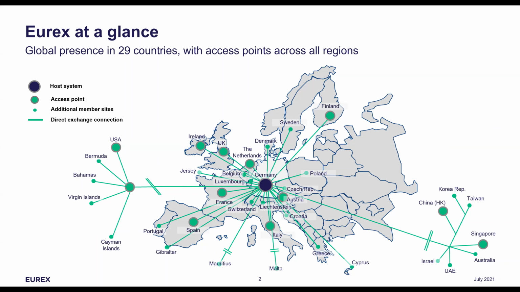Eurex itself, as said, we're from Europe, but we are connected to the whole world. The major part of the business is still coming from Europe. Germany, of course, but also the UK is a big partner, France, Italy, Spain, and so on. But the US is a growing part in our business.